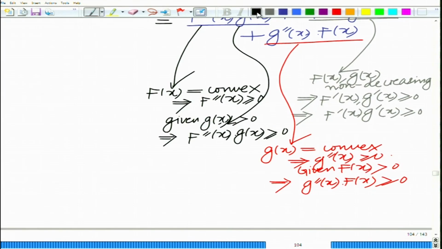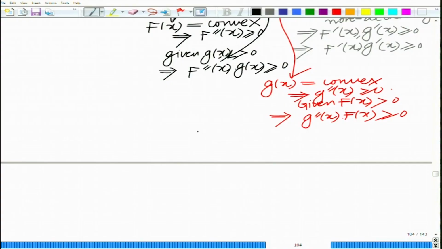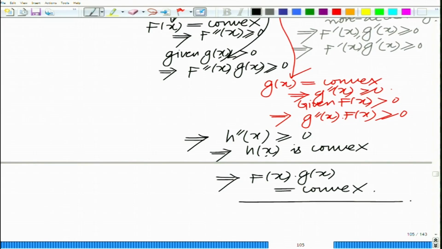So, all the three components in the sum are non-negative, therefore, the sum is non-negative, which implies the second order derivative h double prime of x is greater than or equal to 0, which implies essentially that h of x is convex, or the product f of x into g of x is convex.